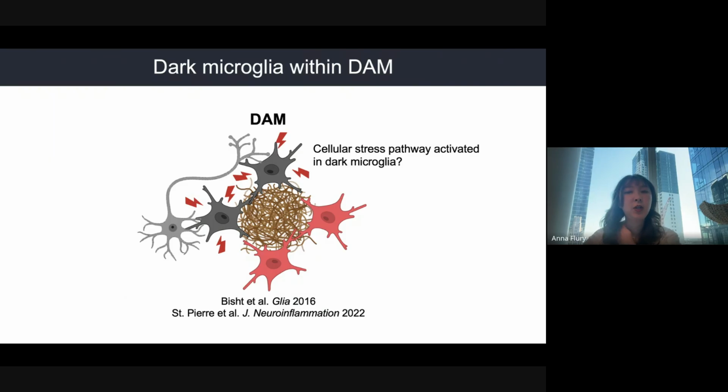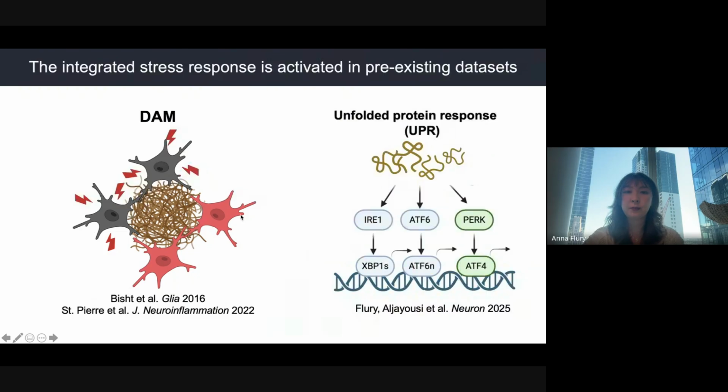And so we asked the question of whether a cellular stress pathway could characterize a subset of DAM that is neurodegenerative, such as dark microglia. Because there's a lot of stress subsets out there, to narrow it down, we thought about how these microglia are around amyloid plaques, which are essentially aggregated misfolded proteins. So we looked for the unfolded protein response, which is a canonical pathway that is activated by misfolded proteins.